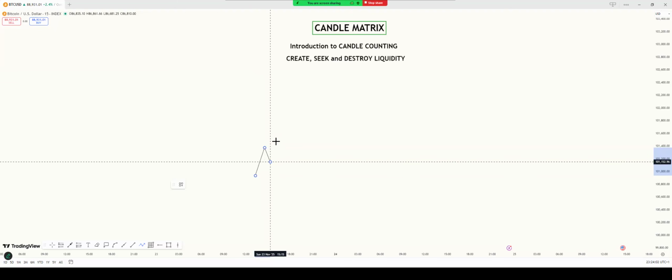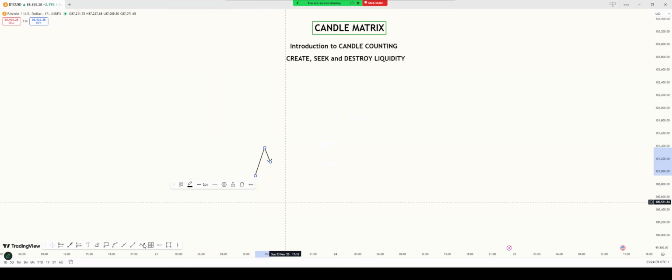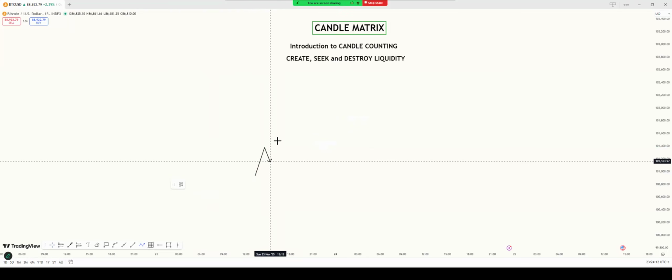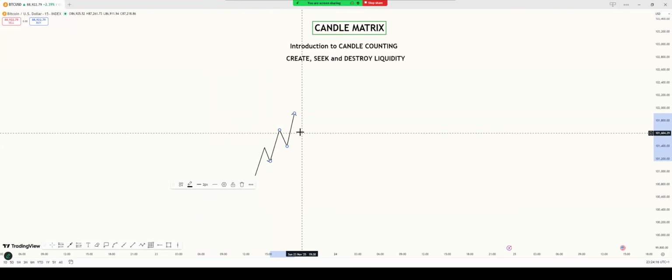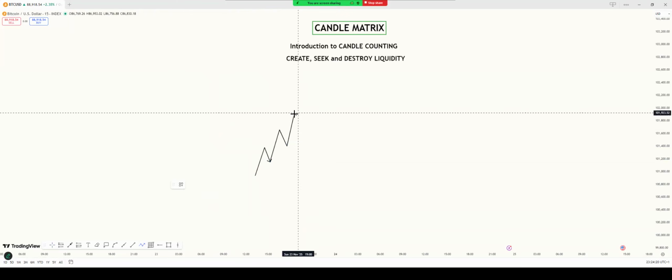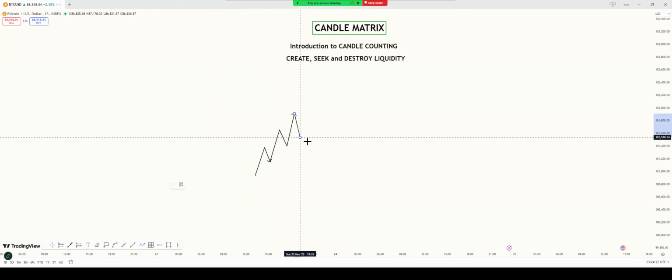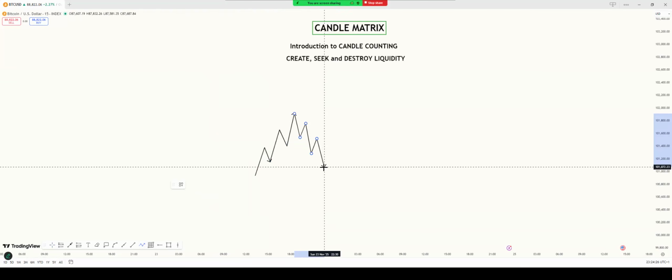So what I mean is you see price moving in an upward direction like this, right? And let's say price starts moving down like this, right?